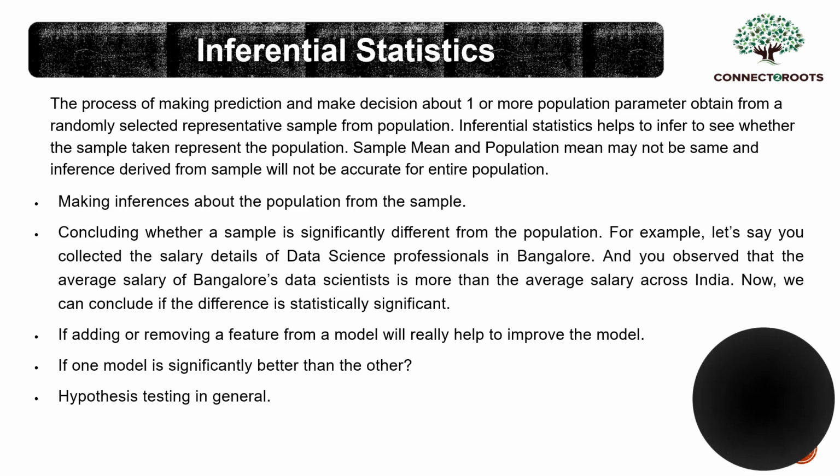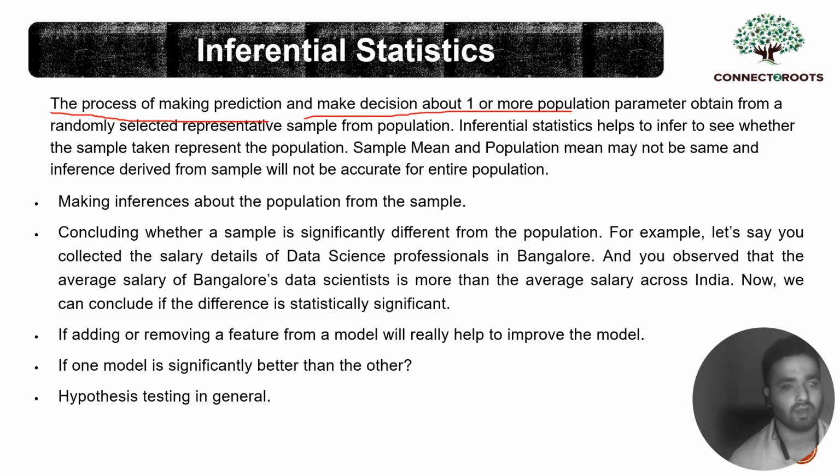So now we will learn about what inferential statistics is. As I said earlier, inferential statistics will help us in taking decisions or making predictions. It is the process of making predictions and making decisions about one or more population parameters obtained from a randomly selected representative sample from the population.